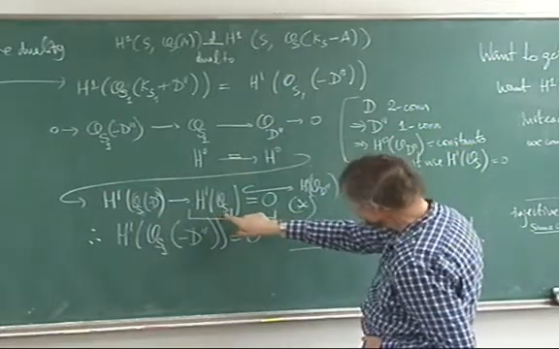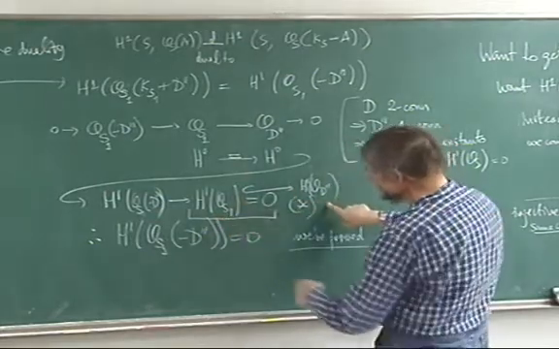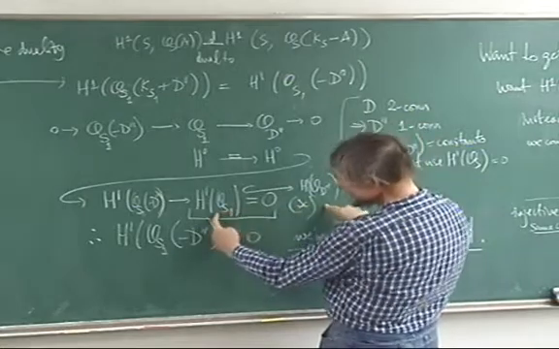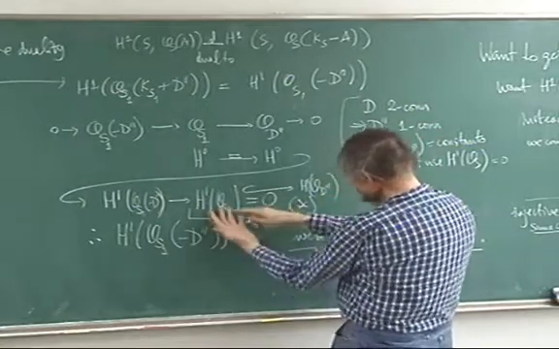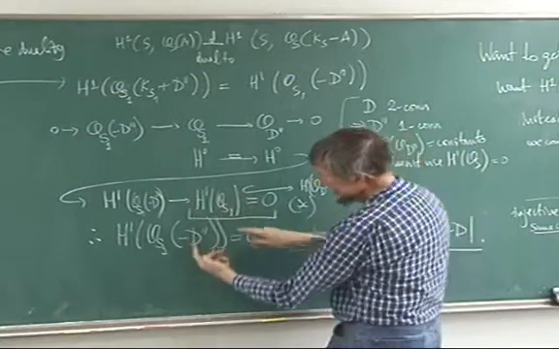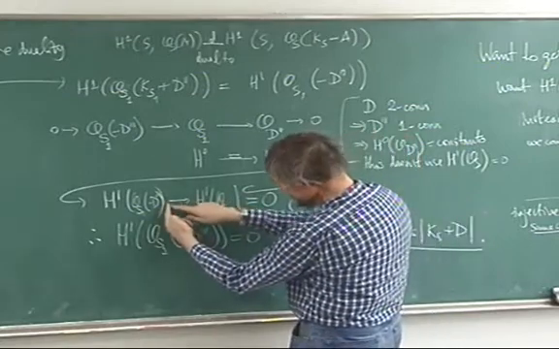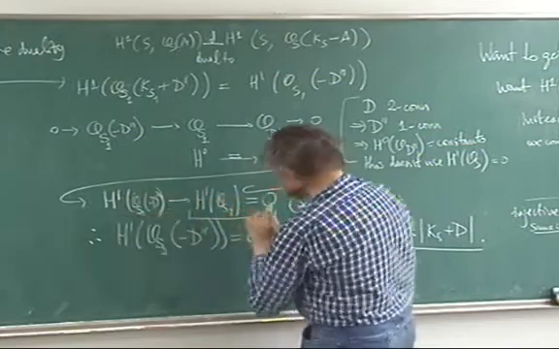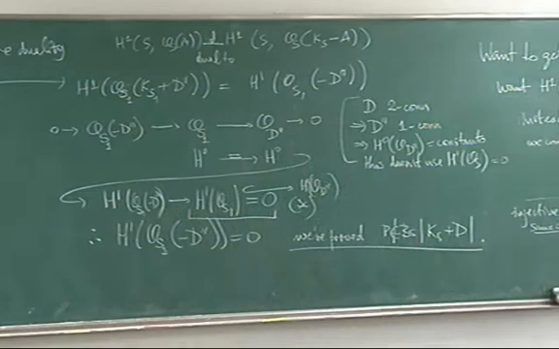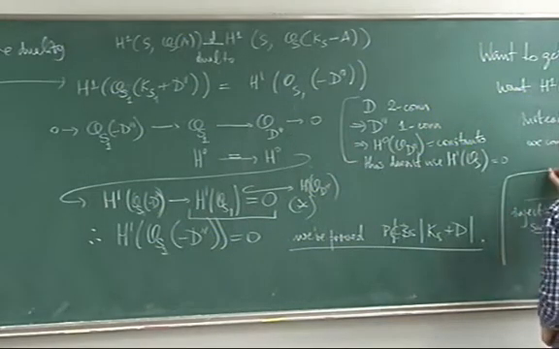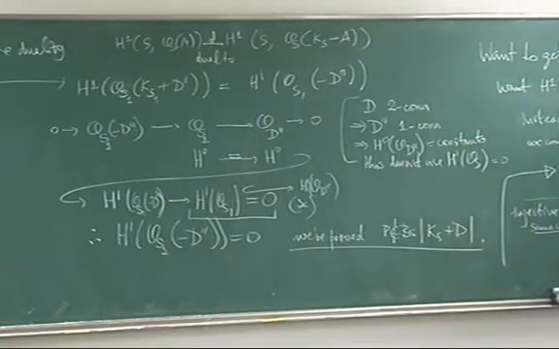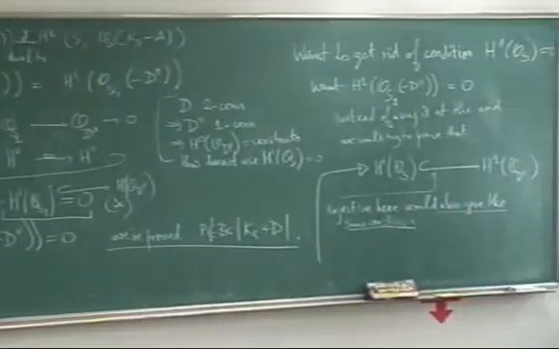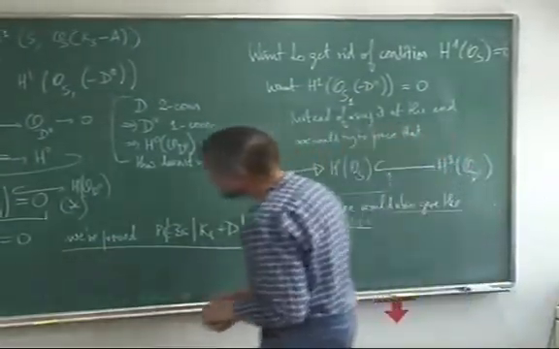And if for some reason or other we knew that this map is injective, then the kernel of this map is 0, so the image of this map is 0. So this is what we're going to prove, under some conditions.